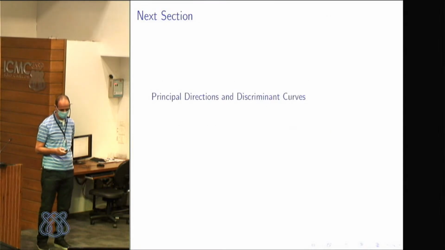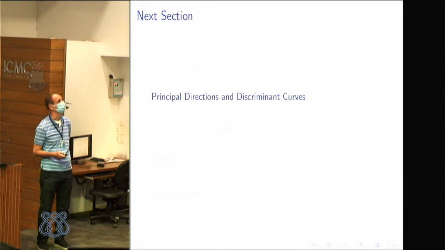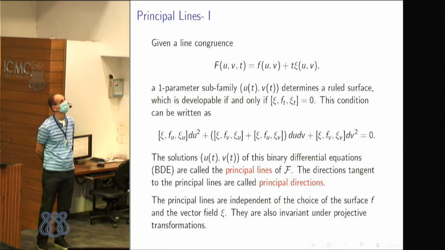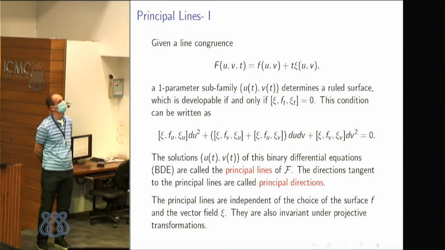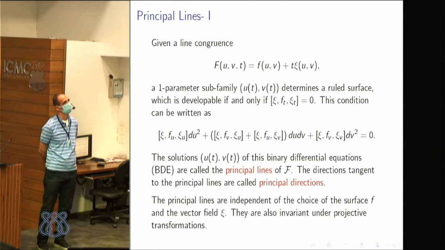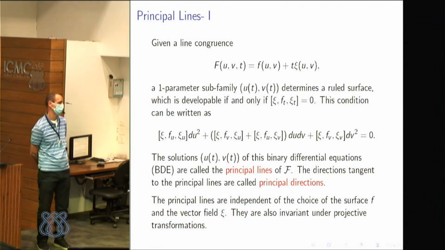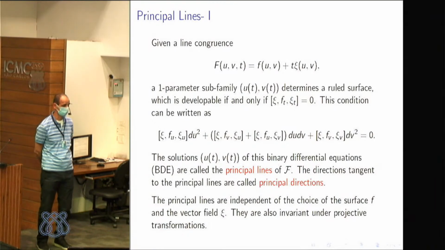So now the geometric elements of the line congruence. In the line congruence, you can consider subfamilies which determine ruled surfaces, which are one-dimensional families of lines.